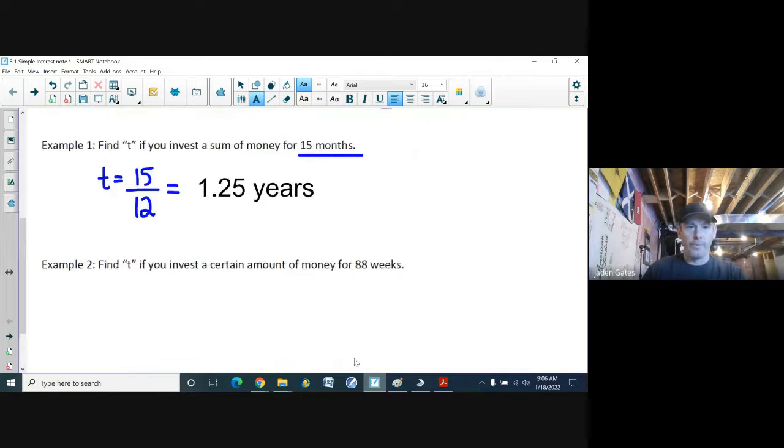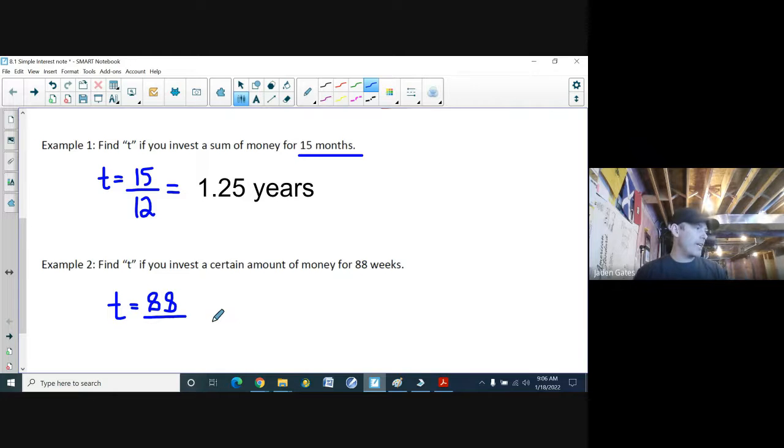Example 2, you could get something in weeks. So find T if you invest a certain amount of money for 88 weeks. So again, if I'm going to find my T value, it's got to be in years. So I'm going to take that 88 weeks. And this time I divide it by the number of weeks that are in a year. And the number of weeks that are in a year, hopefully this is no surprise again to you, 52.